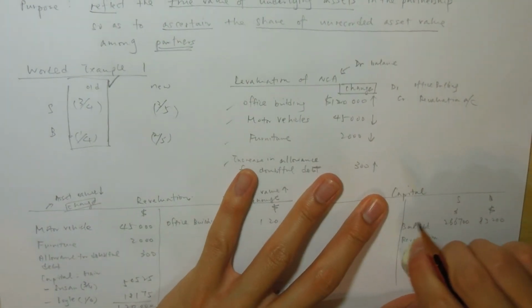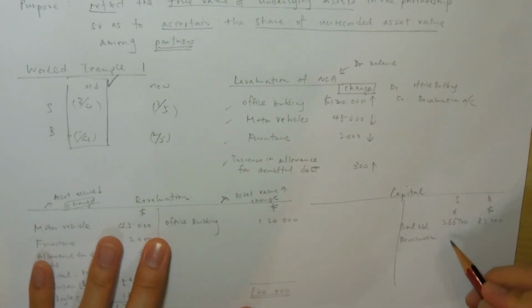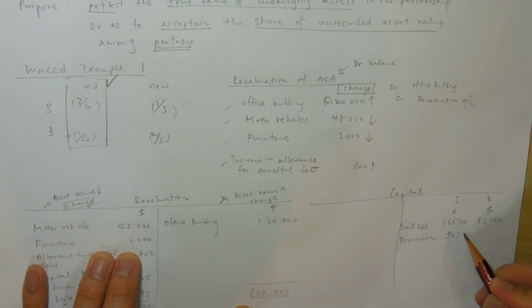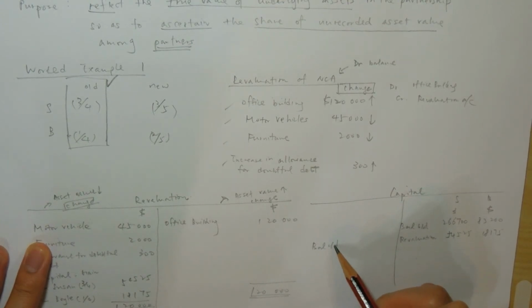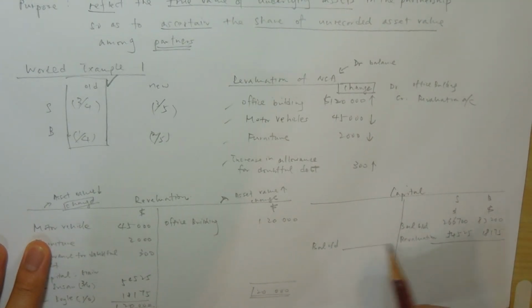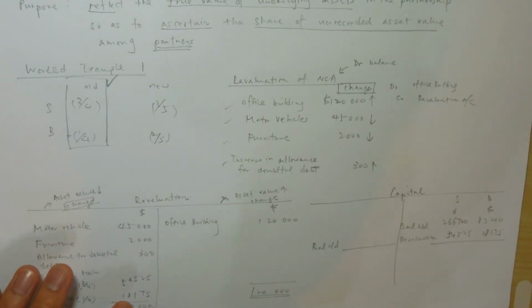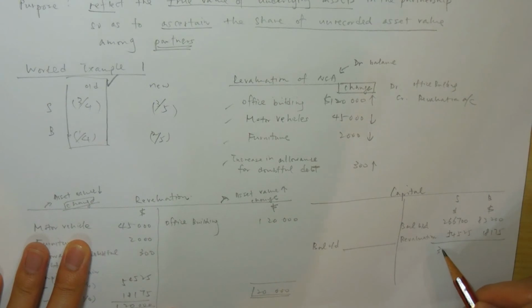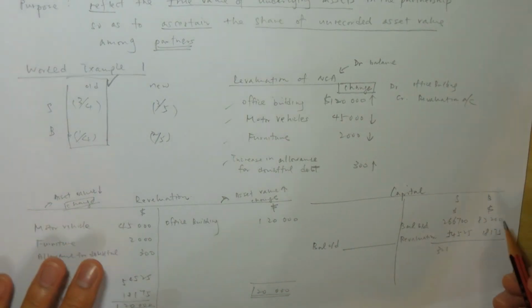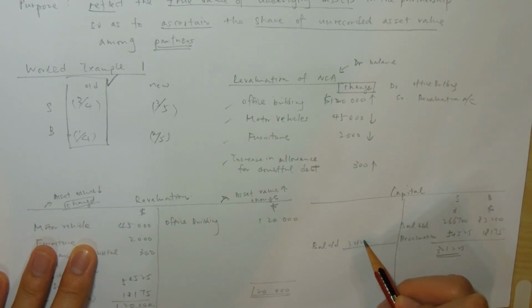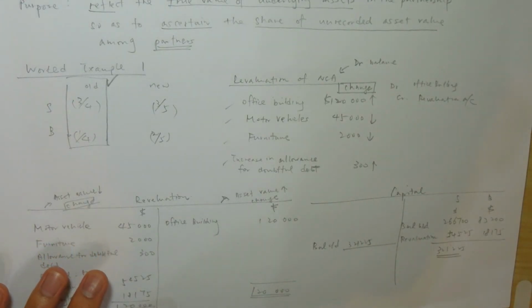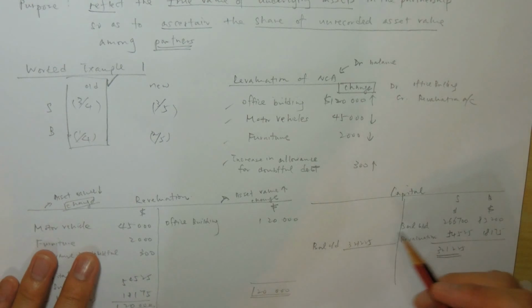Okay, and then write 54,525 and at last the balance carried down. Use the calculator, it should be for Susan 321,225, and for Polly should be 101,375.